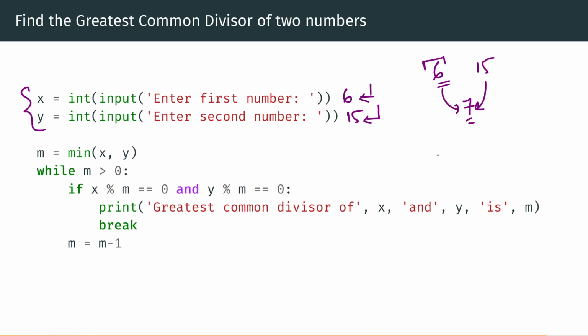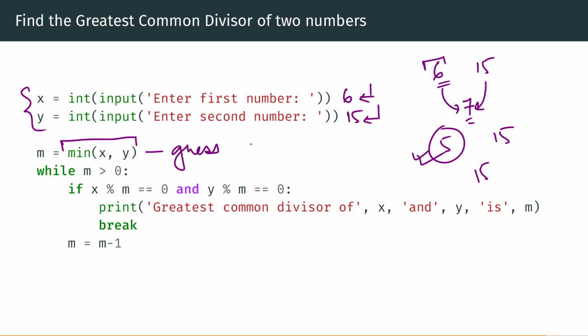So if you have two numbers like 5 and 15, the GCD, the greatest common divisor, is 5. It cannot be 15, it cannot be 10, because you have this number right here. So the greatest common divisor is at most equal to the smallest number, and that's what we guess. That's our initial answer.